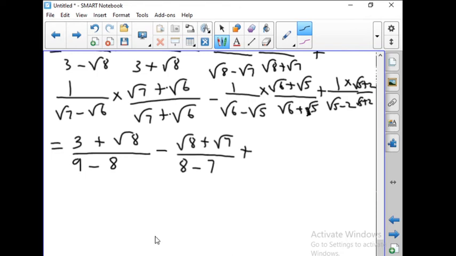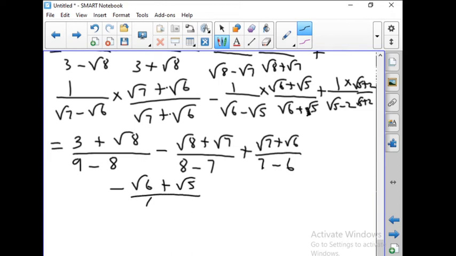Then plus, the numerator is root 7 plus root 6 and the denominator is 7 minus 6. Then minus, root 6 plus root 5 in the numerator, so the denominator is 6 minus 5. Then the last term has root 5 plus 2 in the numerator, and the denominator is 5 minus 4.